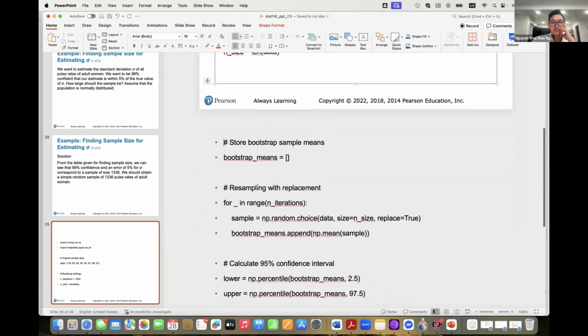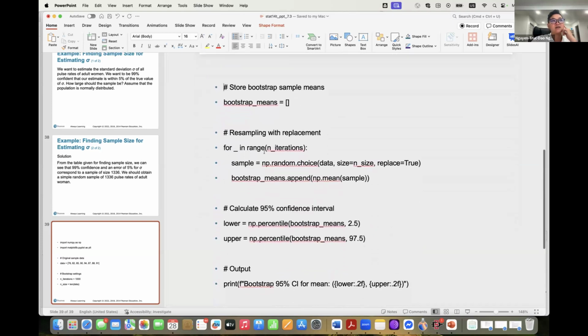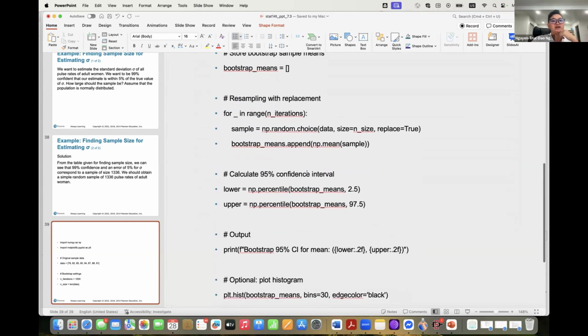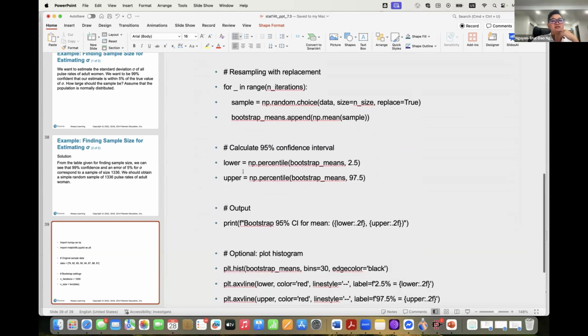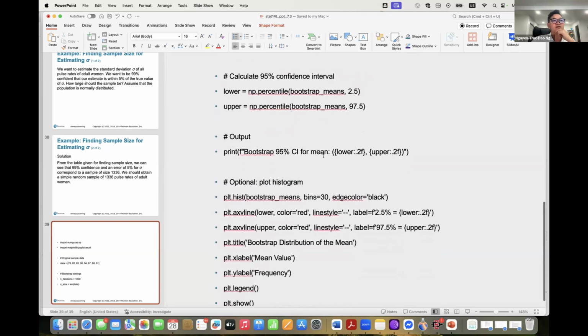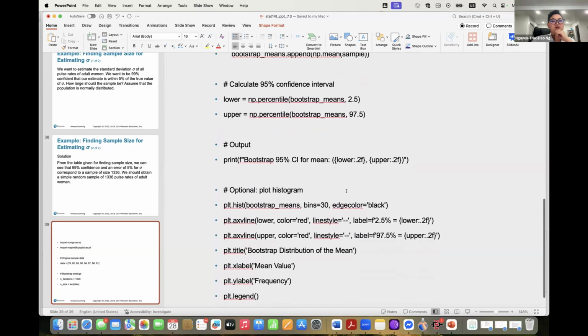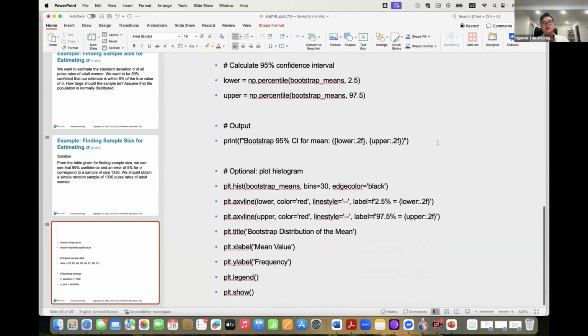Then you resample with replacement, using a loop for i in range of n iterations, and you calculate and store the mean. This is the step for resampling with replacement. Then you calculate the 95% confidence interval, the lower one and the upper one, and the output gives you the lower bound and the upper bound. Okay. So please try to use this one and practice.